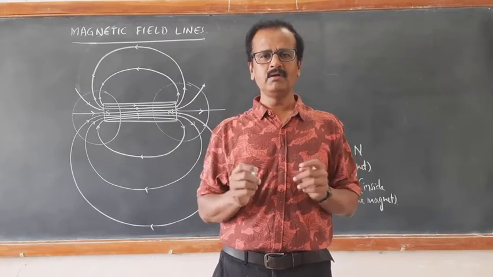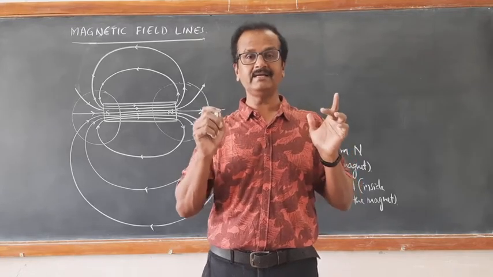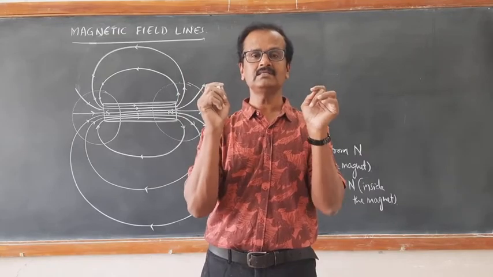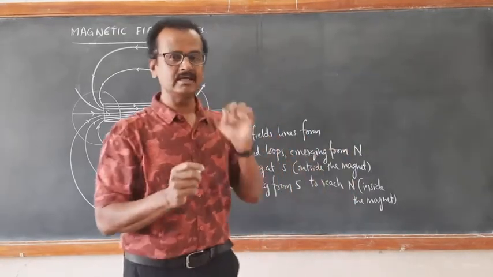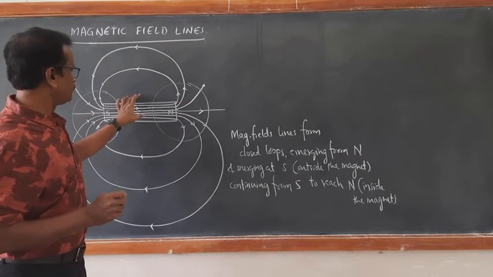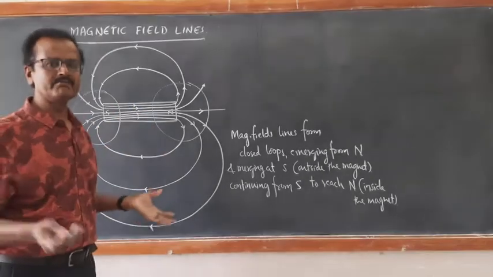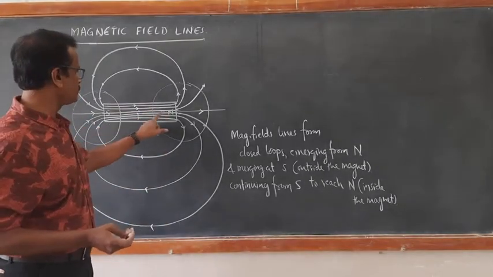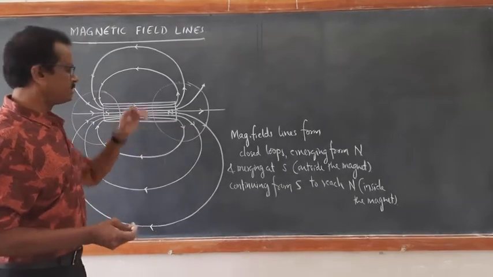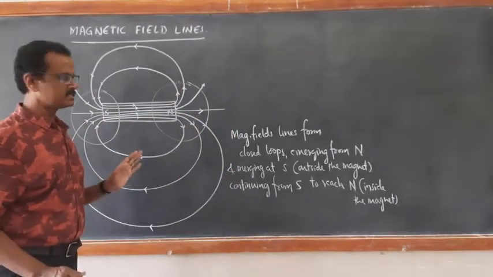So what is a pole? A pole is the point near the end of the magnet where the maximum strength of the magnetic field is observed. That is called a pole. You can look here. But at the middle, central part of the magnet, you will not find that much crowding of field lines. Means if you move from N to S, near the central position, the magnetic field strength is decreasing outside.